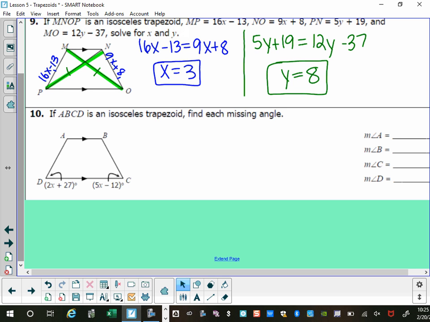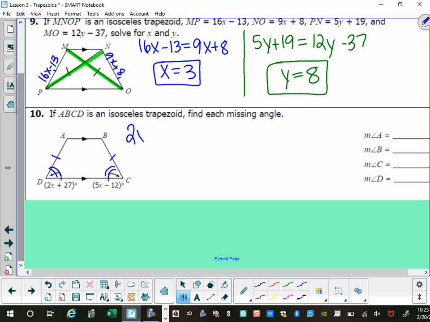All right, number 10. Number 10 says if ABDC is an isosceles trapezoid, find each missing angle. All right, if it's isosceles, that means that these sides are congruent, which means that these angles are congruent. How can I solve for x? Make them equal to each other.